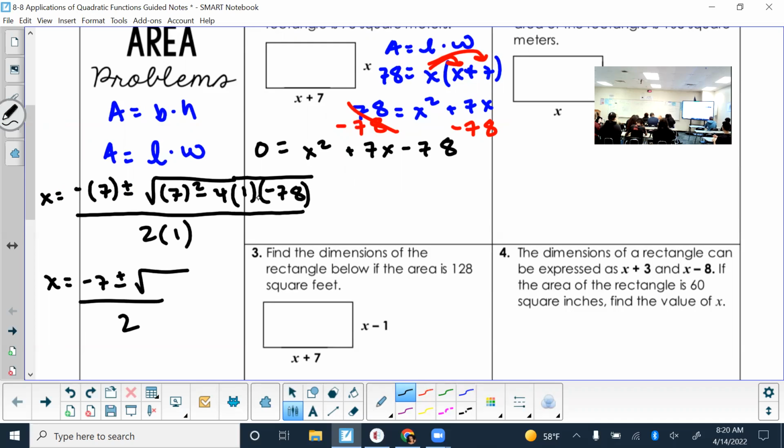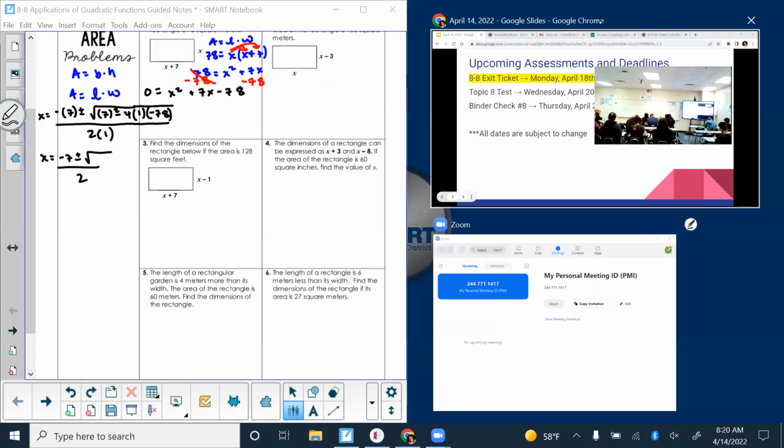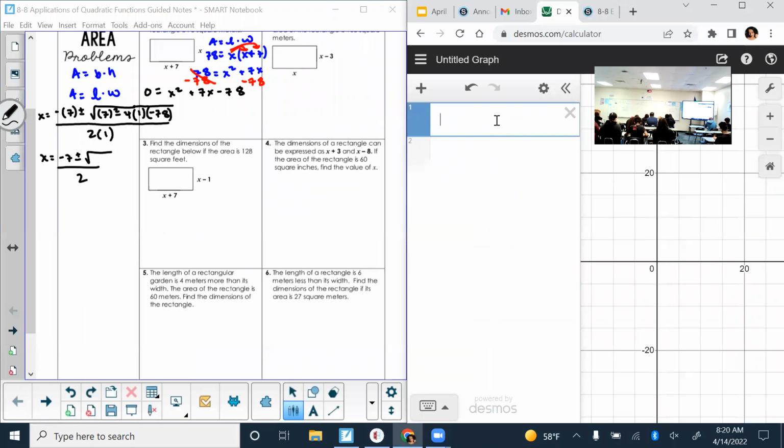So put the discriminant in the calculator. That's all the stuff that's under the square root symbol. So I have 7 squared minus 4 times 1 times negative 78. Don't forget to use parentheses. And I get 361.